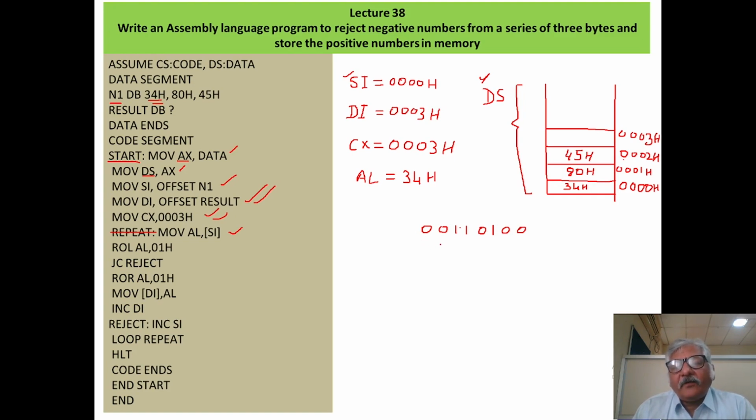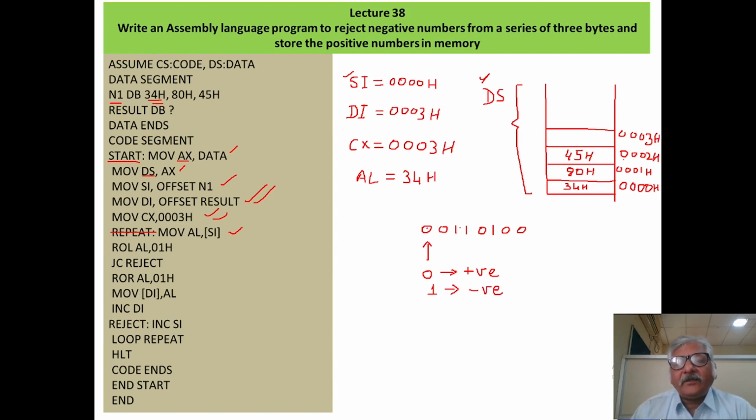Now we have to check whether this number is positive or negative. For that we will see this MSB, this bit. If this bit is 0, it is an indication that the number is positive. And if this bit is 1, then it is an indication that the number is negative.